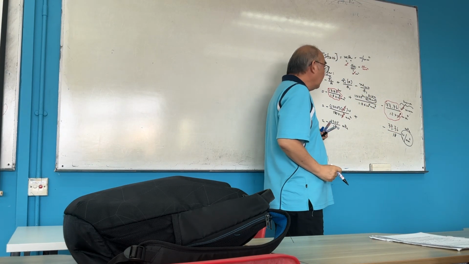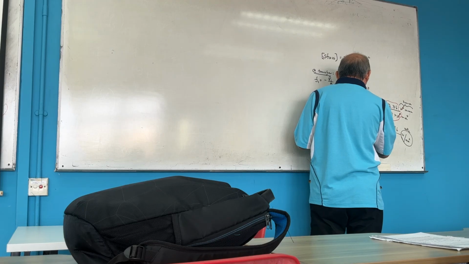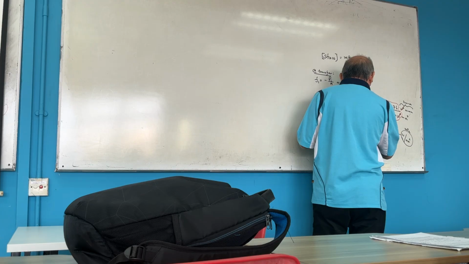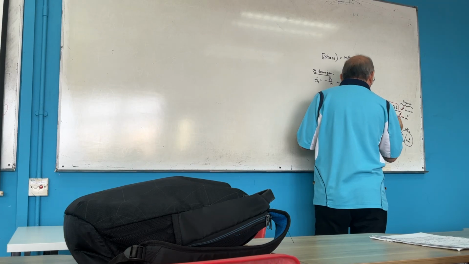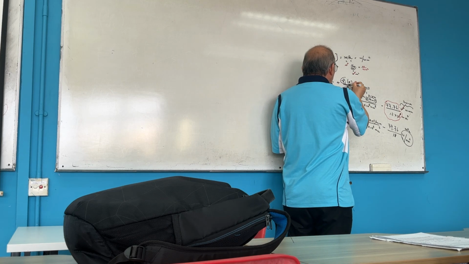Understand? Then here you can see that this is 1325 times 0.15 kilonewton meter divided by 18 times 10 to the 6 millimeter cube. Because this is a pre-stressing moment.